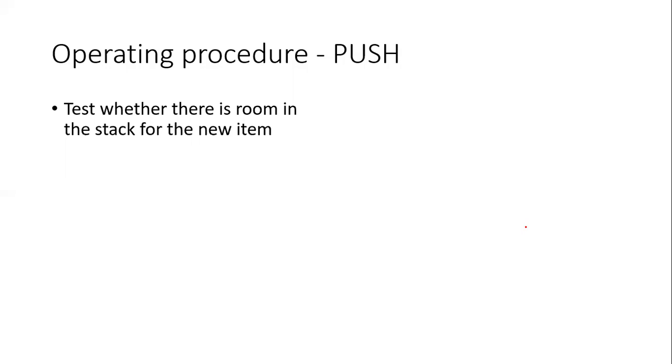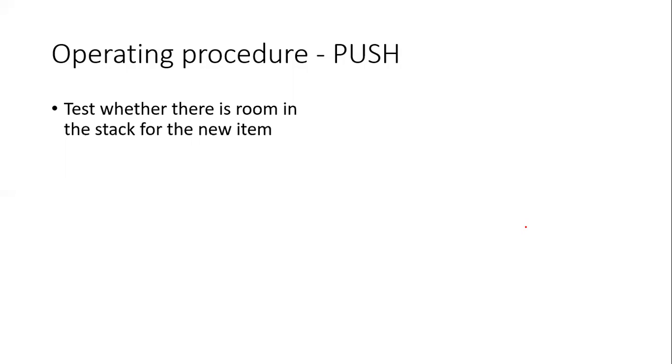Then the operating procedure for a push. How do we implement a push operation in a stack? It's very important to discuss. Before we push the value into the stack, we need to ensure that the stack can accommodate the data.